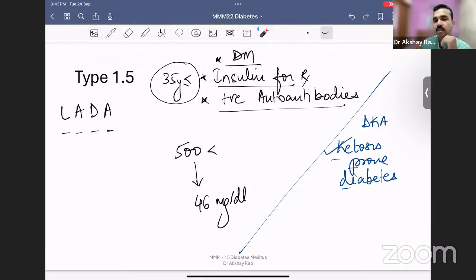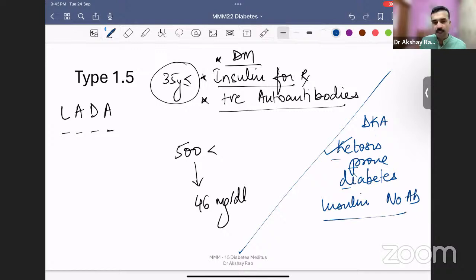So when you thought that the person has a type 2 diabetes phenotype, they present with DKA. And then you think, oh, this person has presented with DKA, they must have type 1 diabetes. I need to treat them with insulin. So you start them on insulin. You test their autoantibody profile, and it comes negative. So no antibodies.